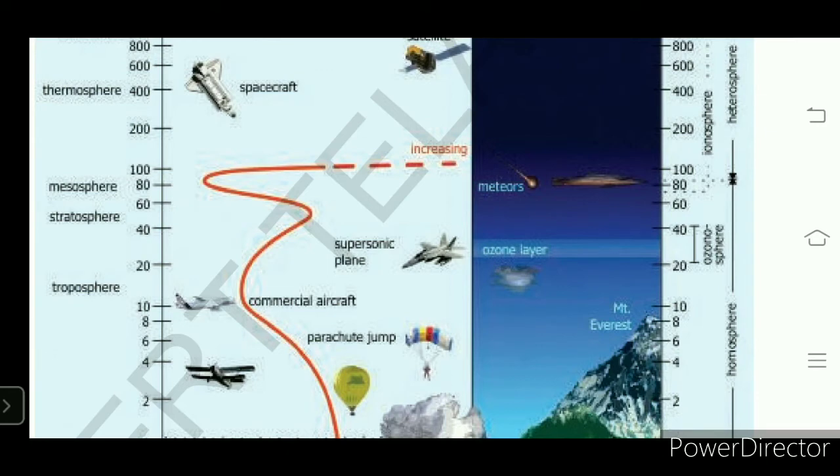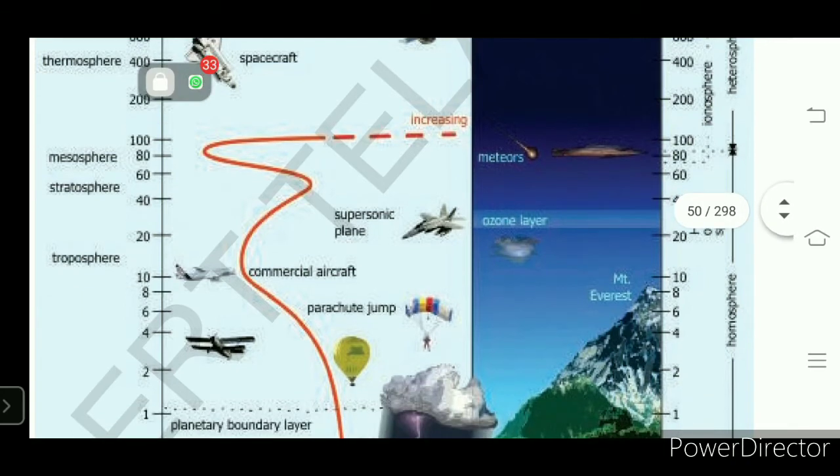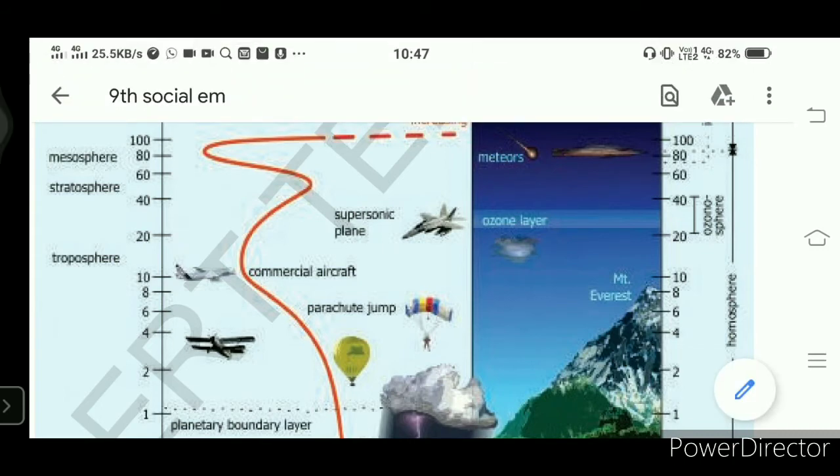And in this layer, temperature increases moving to higher places. In the troposphere, temperature decreases, that is the normal lapse rate, whereas in the stratosphere the temperature increases as the height increases.